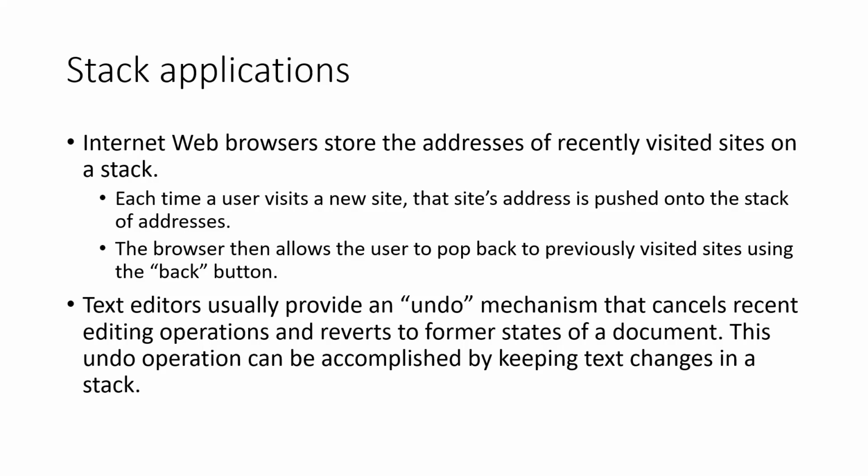So you keep a stack of every change the user makes, and each time the user makes a change, you push that change onto the top of the stack. And if the user wants to go back to an earlier version, you just pop the current change off the top of the stack and go back to the previous version. And if the user wants to go back further, the user can pop off another level off the stack, and so on.